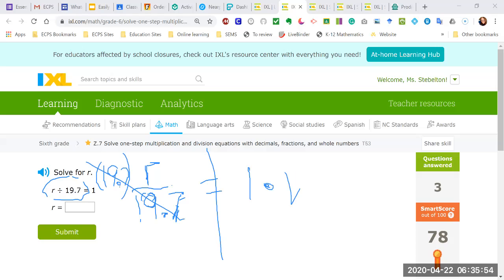So that means that R is going to be equal to 19.7. So we're going to go ahead and type that in here.